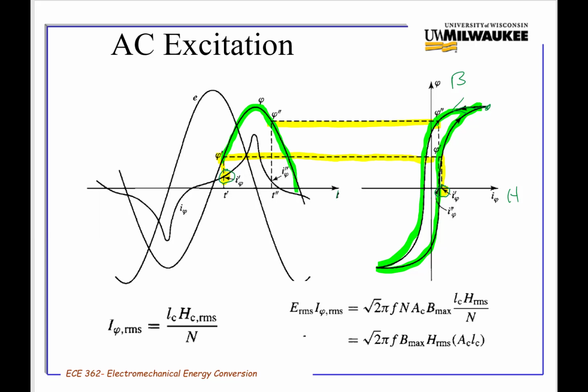The flux is green. It really corresponds to the signal that I'm looking at here, but the current corresponding to that point is nearly zero.